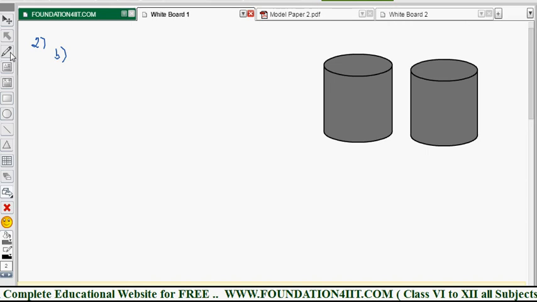Here, before and after, if you take both, the height is changed. Here the marble's radius is 0.7 centimeters, that is 7 by 10 centimeters.